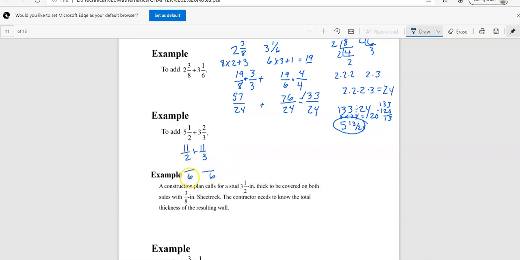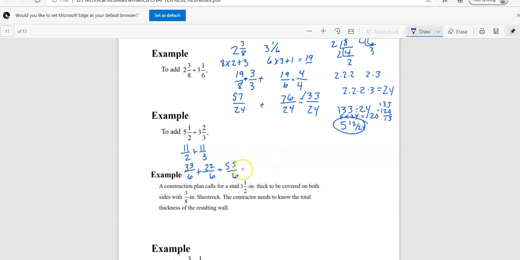2 will go into 6 3 times. So if we multiply by 3 on the bottom, 2 to get 6, we get 2 times 3 is 6. We would multiply by 3 on the top and make that 33. 3 will go into 6 2 times. 2 times 11 is 22. Okay, that's going to be 55 over 6. And if we want to divide that out, we're going to ask, well, how many times will 6 go into 55? And then find the difference.